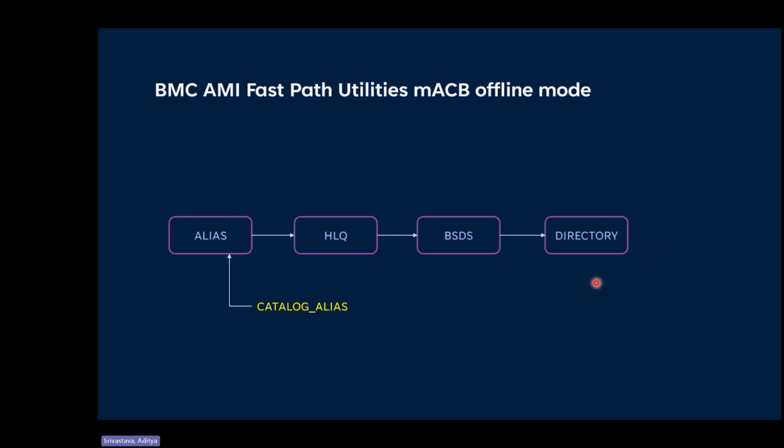We'll look at it in more detail in the slides to come. If I'm not providing the catalog alias name, the second option is that I provide the catalog definition exit, that is DFS3CDX0, in my load step left concatenation, so that load gets picked up, and within that we define the alias name, and we can get it from there.